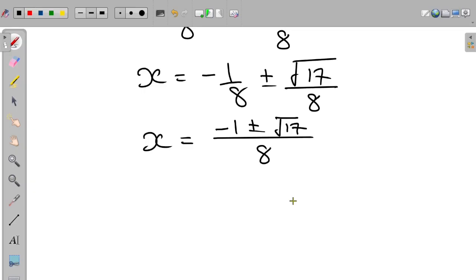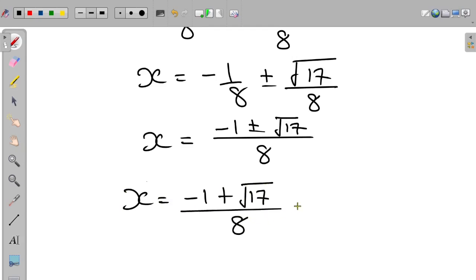So therefore x is equal to minus 1 plus root of 17 divided by 8, or x is equal to minus 1 minus root of 17 divided by 8.